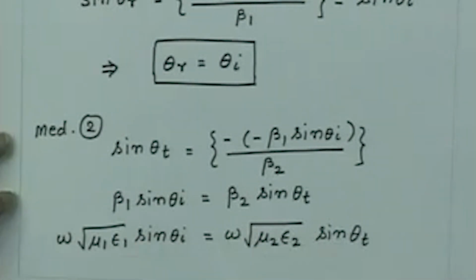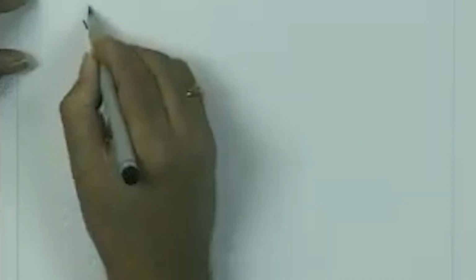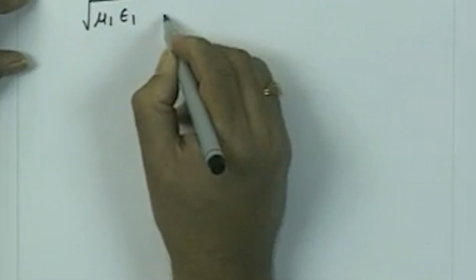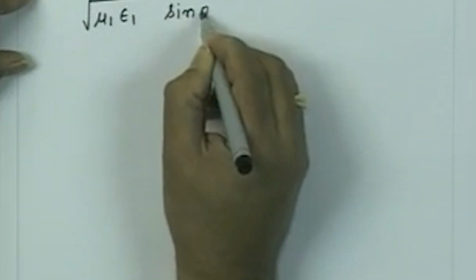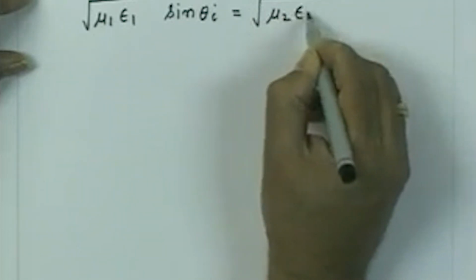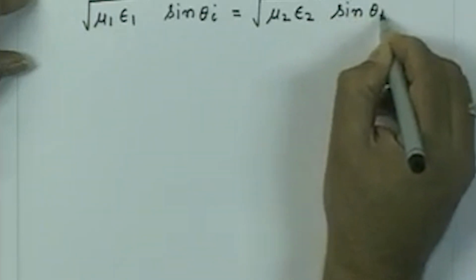The omega cancels. So, this relation is independent of the frequency of the wave, and that is square root of mu 1 epsilon 1 sine of theta I is equal to square root of mu 2 epsilon 2 sine of theta t.